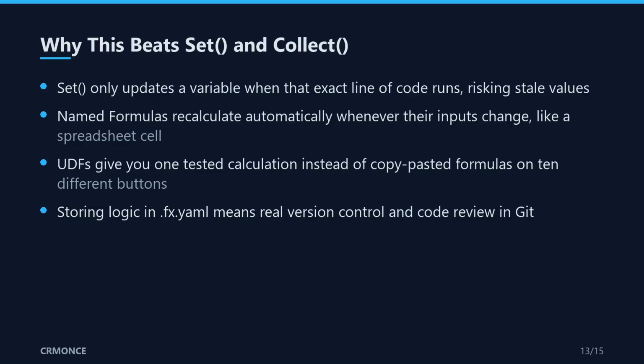UDFs mean you write and test one definition of a calculation instead of pasting the same tax math onto 10 different buttons across your app, each one a chance for a typo. And because it all lives in fx.yaml, you get real version control and code review in Git, something a formula bar alone simply can't give you.